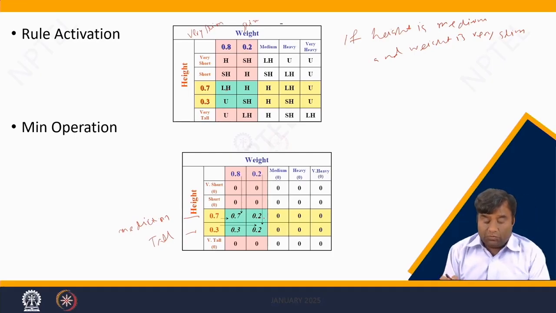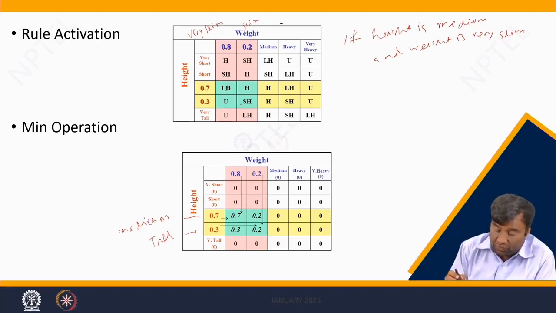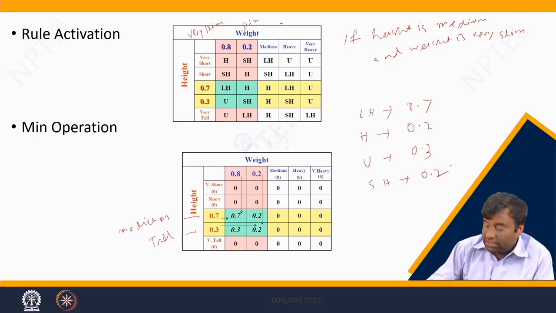So as an output, we got the value for less healthy 0.7, minimum of 0.8 and 0.7; value of healthy, that is the minimum of 0.7 and 0.2, is 0.2; unhealthy, minimum of 0.8 and 0.3 is 0.3; and somewhat healthy, that is 0.2 and 0.3, so minimum is 0.2. So these are the outputs.